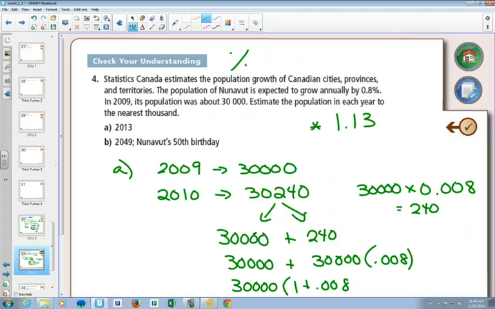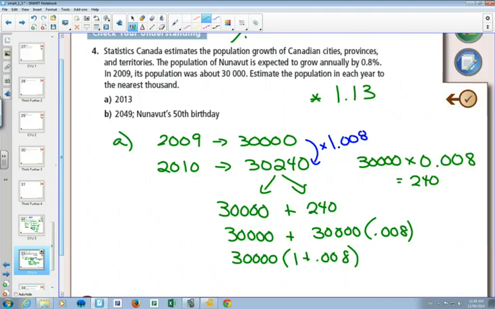And I'd like you to check with your calculator right now. If you take 30,000 and multiply it by 1.008, do you get 30,240? Yes. Close that bracket for all those people out there that can't handle something not quite done and make you fidgety all class.